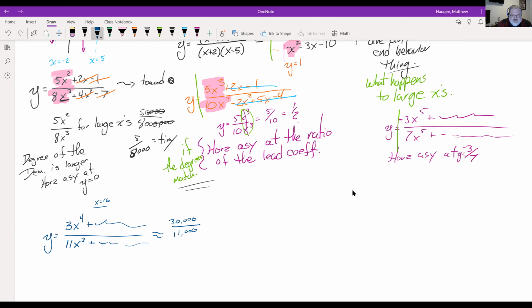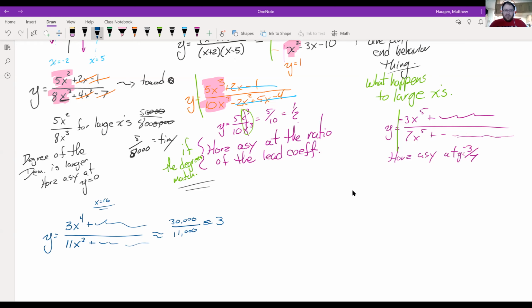So even at a comparatively small number like 10, this thing is not a large number, but a comparatively good sized number at about 3, as opposed to our 0.00000, whatever that was.